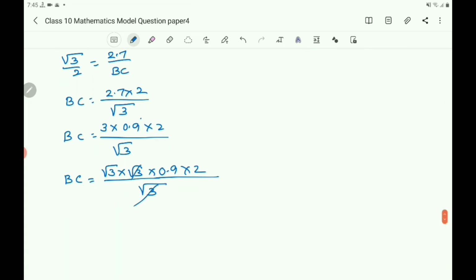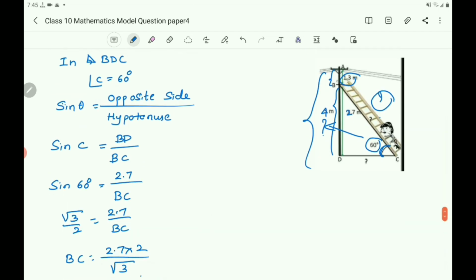So 3 cancels. Then BC equals 0.9 into 2 is 1.8 root 3 meter. Then what is the length of the ladder?